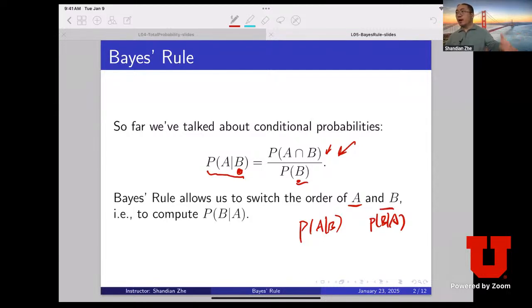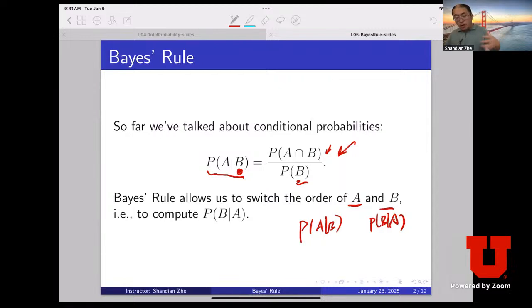So conditional on there being a big snow, the stock price rises. This is different from conditional on the stock price rising, there's a big snow. These represent two different concepts.